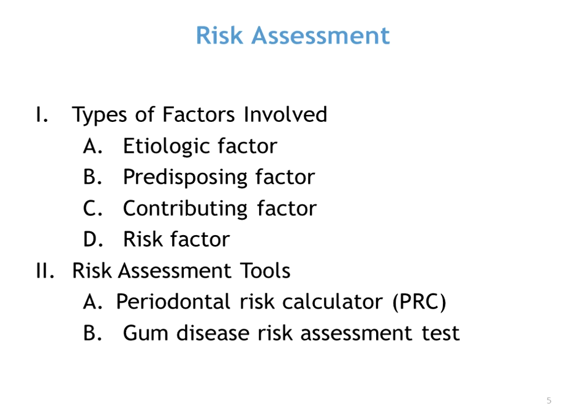Let's talk a little bit about risk assessment. There are different factors that are involved, and complicating and risk factors for disease development can be etiological, predisposing, or contributing. And they're delineated as follows. So for etiological factor, it's the actual cause of the disease or condition.